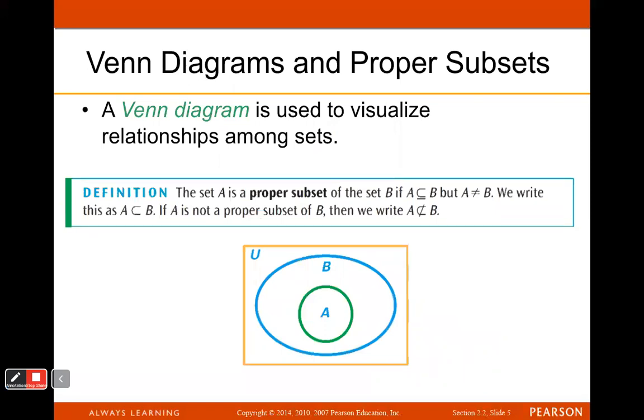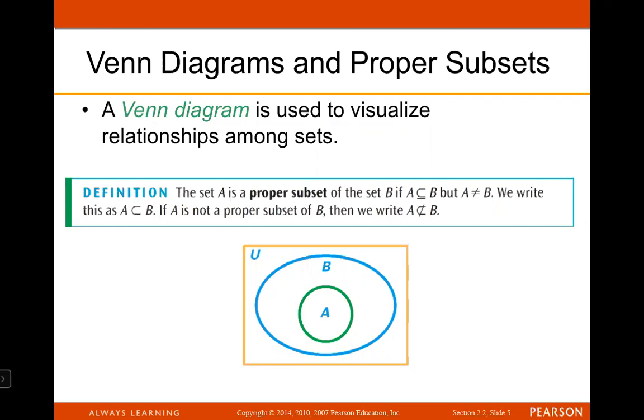We use Venn diagrams to show relationships between sets. A Venn diagram is used to visualize relationships among sets. The definition of a proper subset: the set A is a proper subset of the set B if A is a subset of B, but A is not equal to B. We write this as A is a subset of B, and it looks like a very thinly shaped C as our symbol.